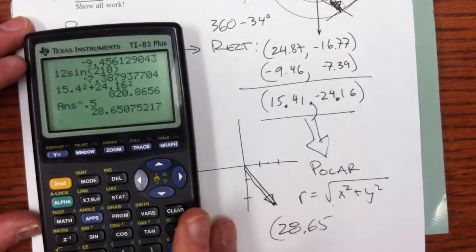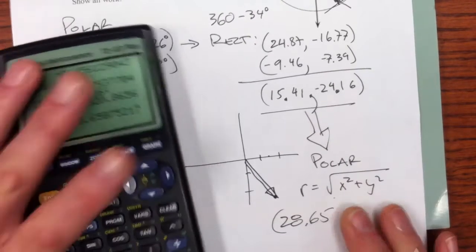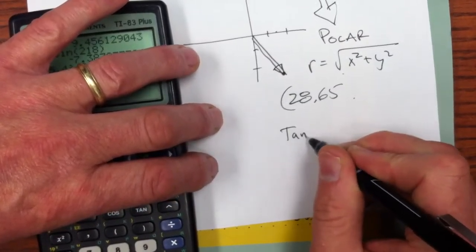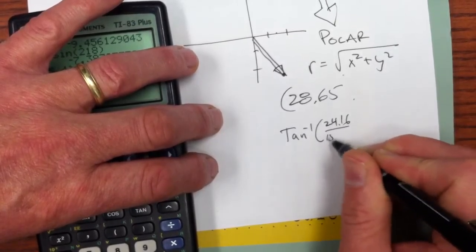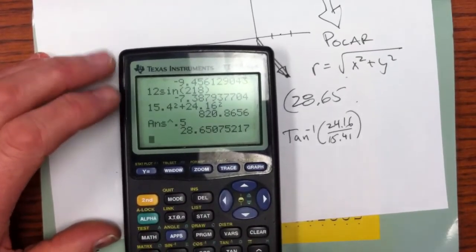Now the angle is going to be, I just take and drop off the negative, and I do tan to the -1 of 24.16 over 15.41. You should be professionals at this with enough practice.